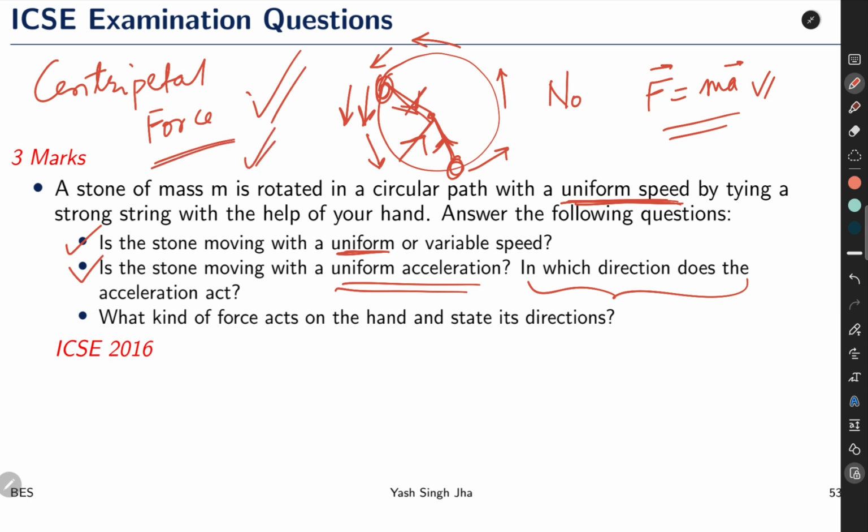What kind of force acts on the hand and state its direction? So on the hand, you will feel a pull away from the center, that is caused by the tension in the string, which is equal to the centrifugal force.